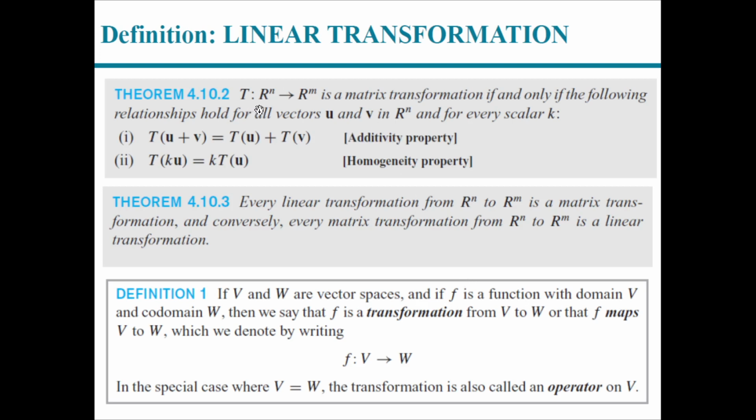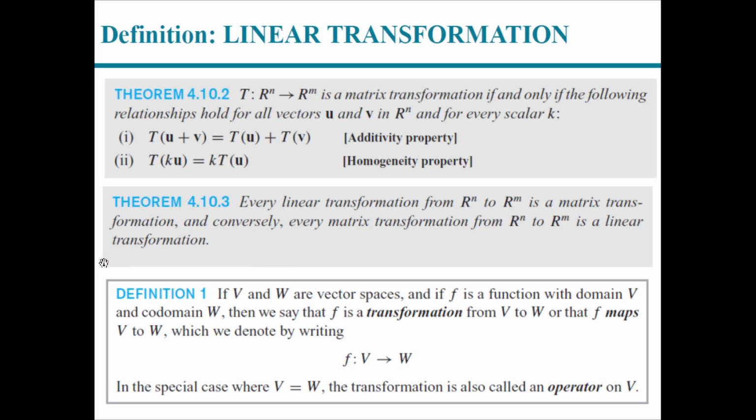We are mostly going to work with linear transformations going from Rn to Rm, so finite dimensional spaces, but also only spaces of vectors, so columns of numbers. So this is just another name for a linear transformation. It's going to be called matrix transformation also, and it's also linear. Every linear transformation from Rn to Rm is a matrix transformation, and every matrix transformation is a linear transformation.